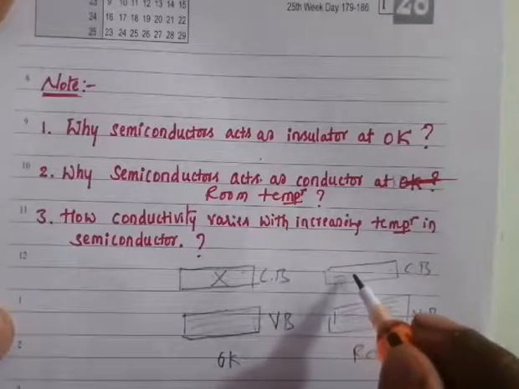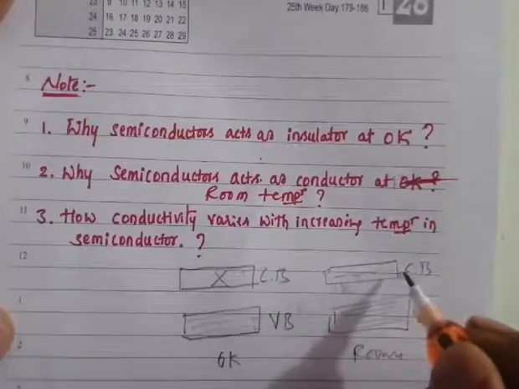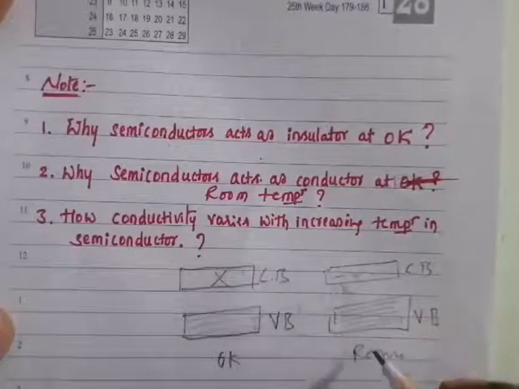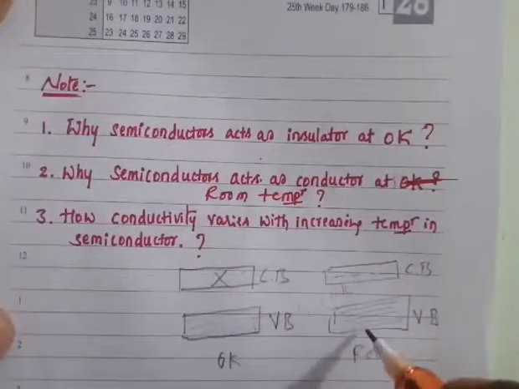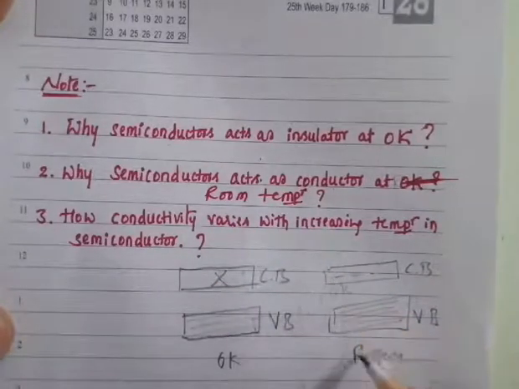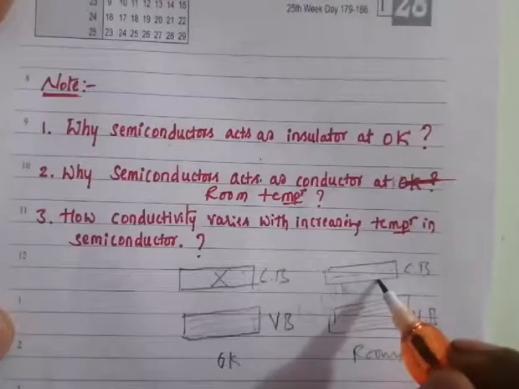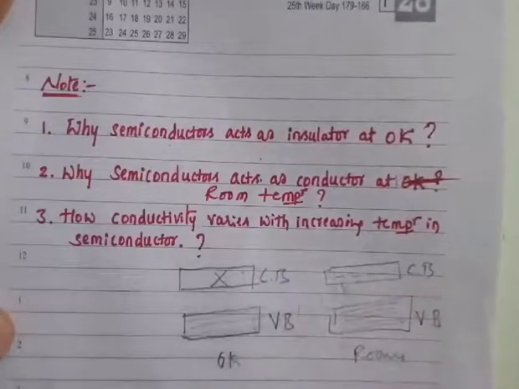So there are a number of free electrons in the conduction band, hence semiconductor act as a conductor at room temperature. Since certain free electrons are there at room temperature, it acts as a conductor.